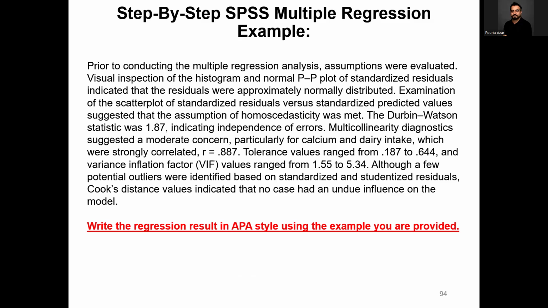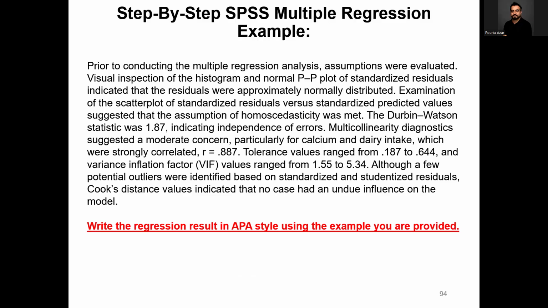The Durbin-Watson statistic was X, indicating independence of errors. Multicollinearity diagnostics suggested a moderate concern, particularly for calcium and dairy intake, which were strongly correlated. The tolerance values range from blah blah, and the variance inflation factor VIF values range from blah blah.